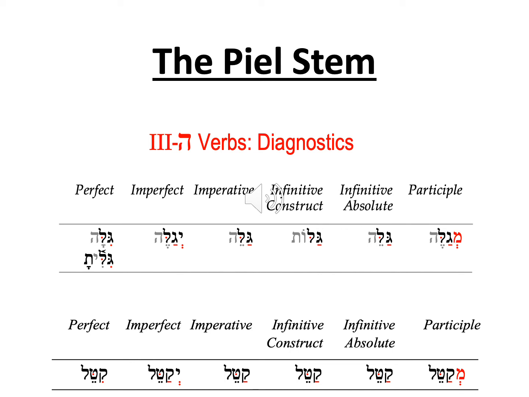However, as you look at this, you may think that the perfect 2ms listed here is very similar to the nifal, since there's a dagesh in the first root letter and a hirik under that first root letter. However, a nun in the nifal will always appear in the perfect, so there will be no dagesh in the first root letter, and there will be no dagesh in the second root letter because this is a Piel.